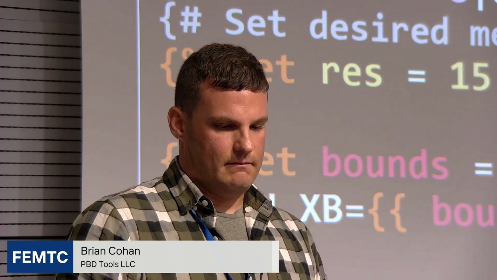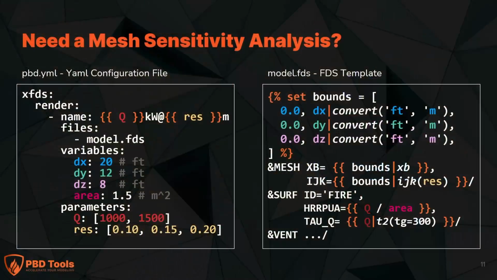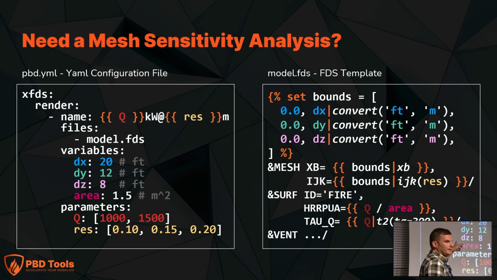Does that answer it? What I wanted to say is, now you have this template, and from this template you need an ini file for FDS. So what is the processor that transforms the template into the ini file? So here, when you call the render function, xFDS looks for this pb.yaml file.